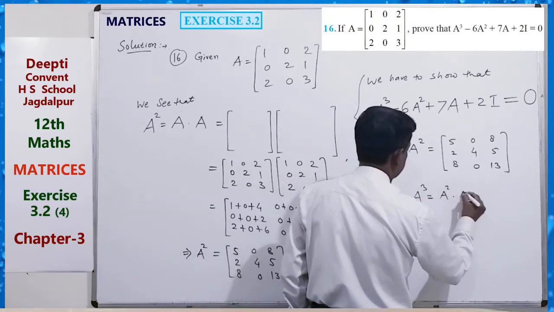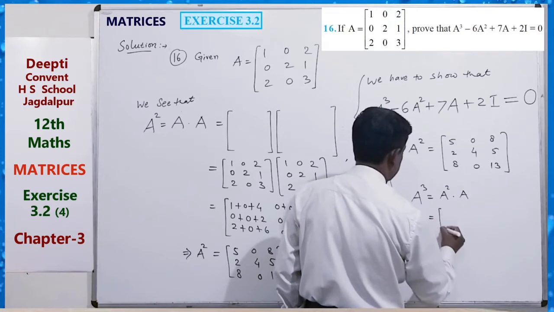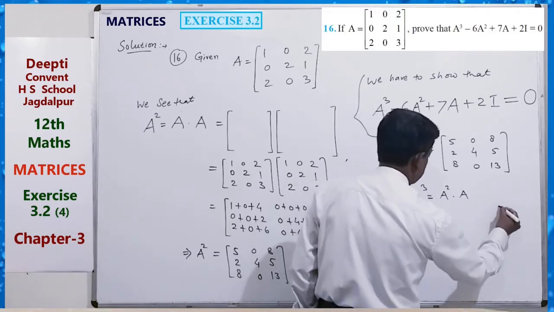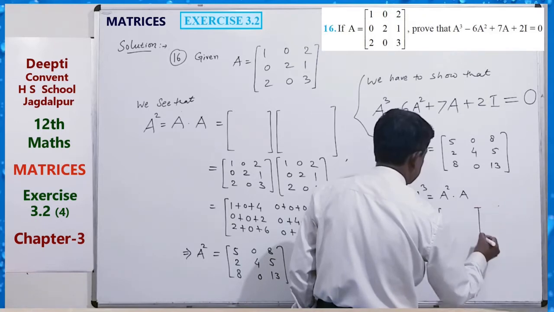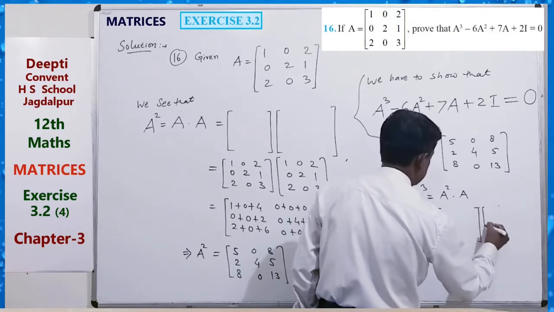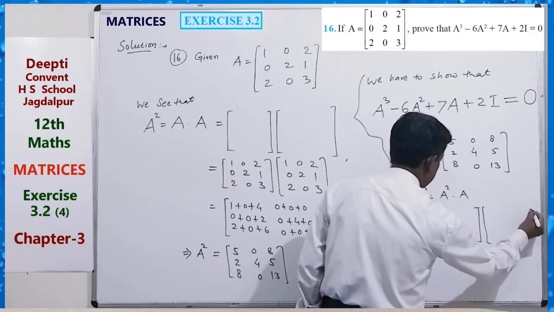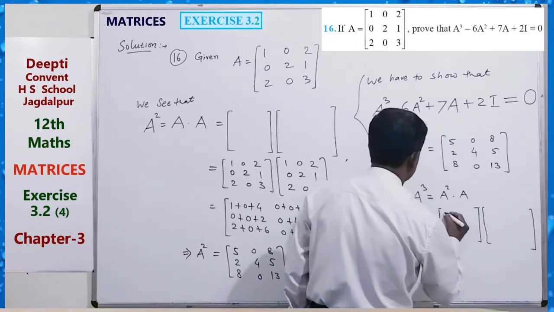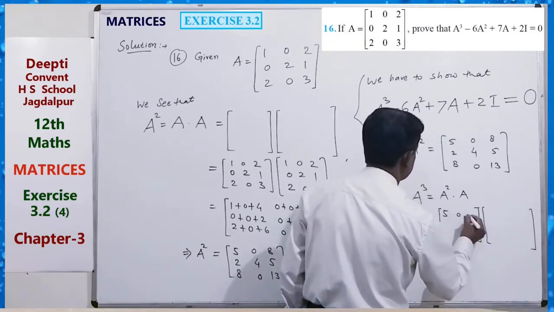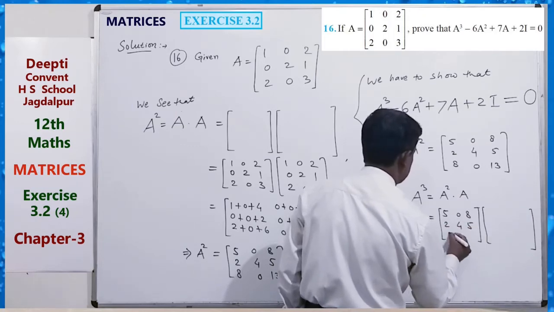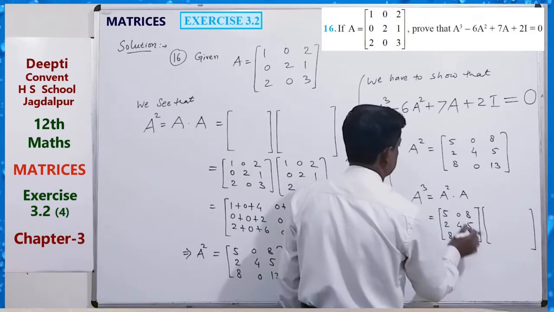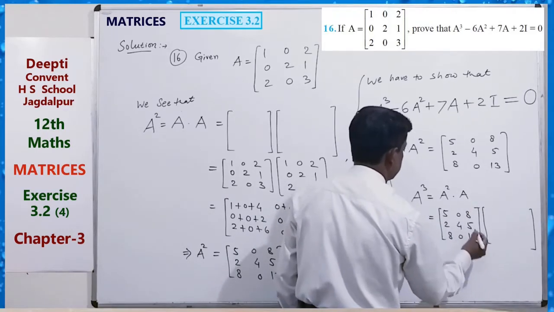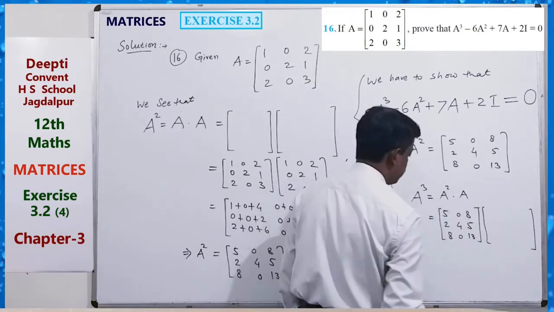A cube is A square into A. We can find what A square is: 5 0 8, 2 4 5, 8 0 13.